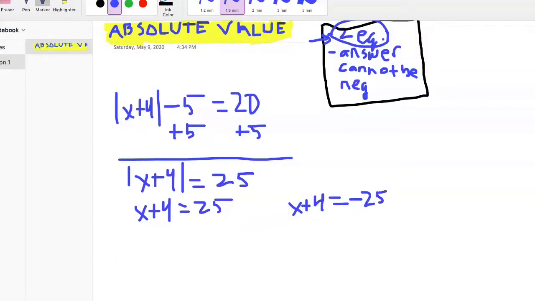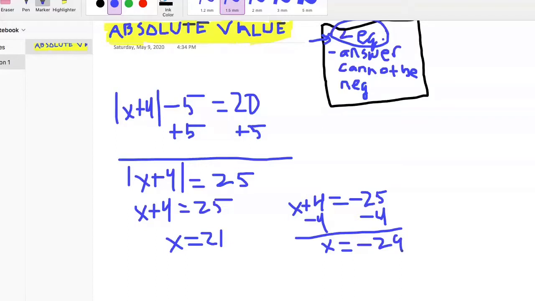Okay, so here we'll just subtract 4 from both sides. 25 minus 4 is 21, so that will be one of our answers. Okay, this one, subtract 4 from both sides. Okay, and again, we're subtracting negatives. That's a skill we want to get comfortable with. And x is going to equal negative 25 minus 4 is negative 29.